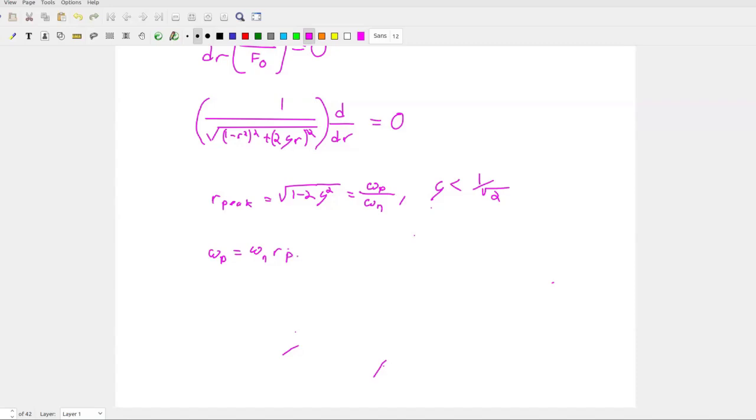In case you want to find the omega that your peak system is oscillating at, right? So that gives you a way to understand the steady state response of your system during a base excitation.